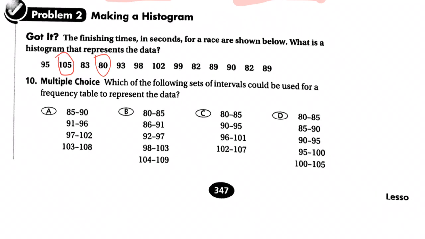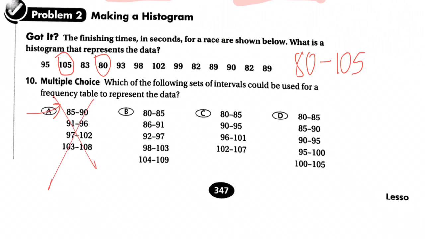So our minimum is 80, and our maximum is 105. The question asks us, which of the following sets of intervals could be used for a frequency table to represent the data? If we look here, 85 to 90 in A doesn't represent all of the data points because we start at 80. So this one cannot be the correct option.